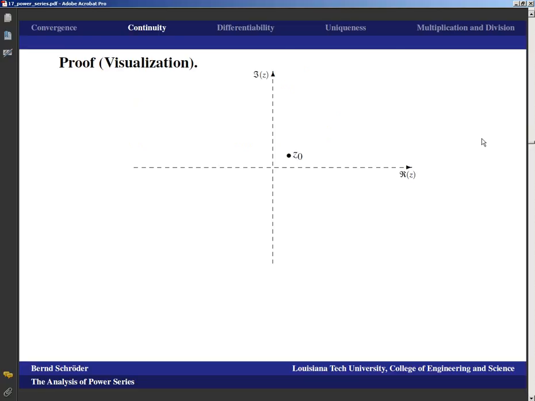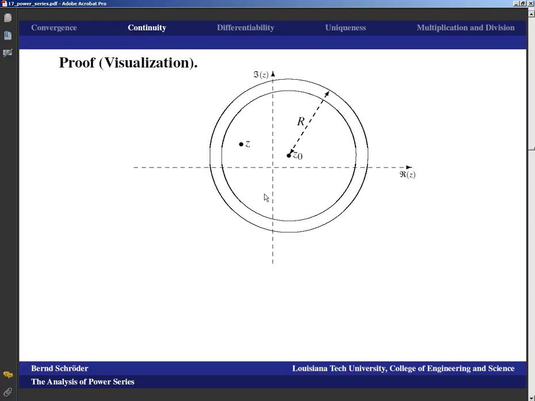Basically, you have your z0 here, you have your radius capital R, and then this is your region of convergence. And if we're now interested in continuity at z, well, then we need to somehow make sure that things work really nicely in a small circle of radius delta around z. And the way to do that is, again, very similar to the previous proof.